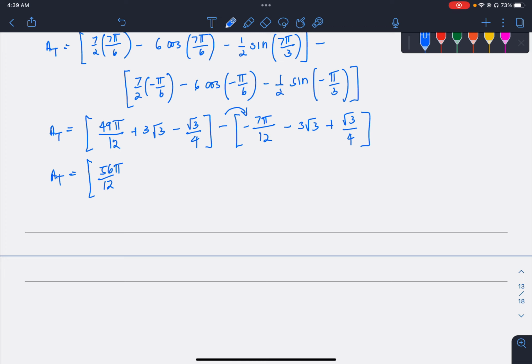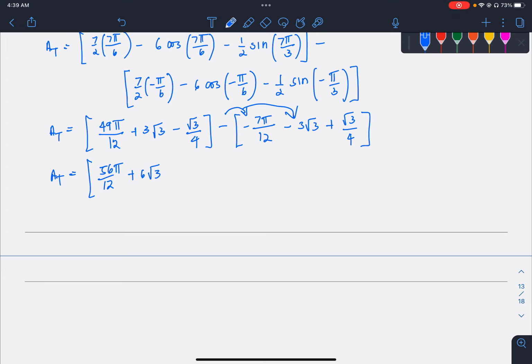And then negative and negative is positive, so 3 square root of 3 plus 3 square root of 3 gives us 6 square root of 3.